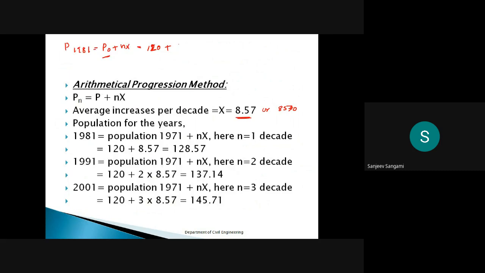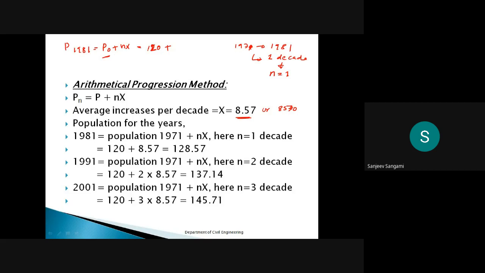Then N is from 1971 to 1981. How many decades? It is one decade. So then I have to substitute the value N is equal to 1.